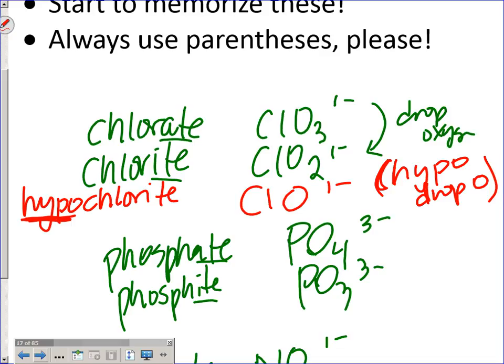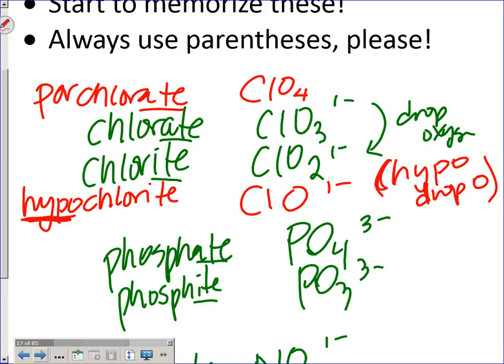All right, you guys tell me the formula for perchlorate. Perchlorate. It's on your sheet. So perchlorate is ClO4, 1-, right? Yeah, okay. So we see a little series here now.